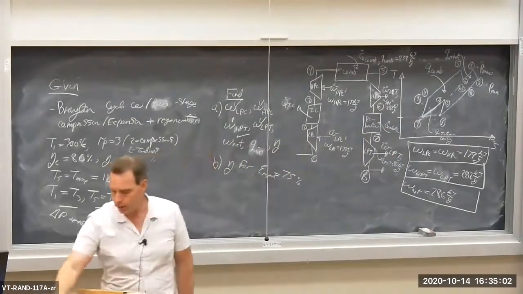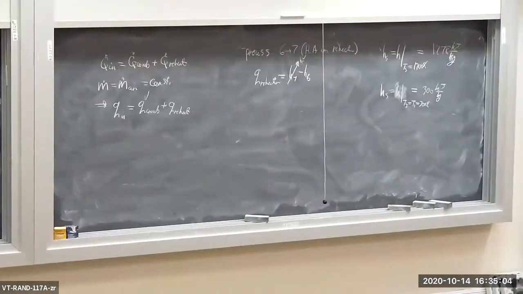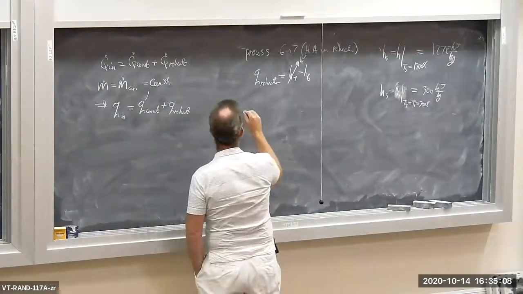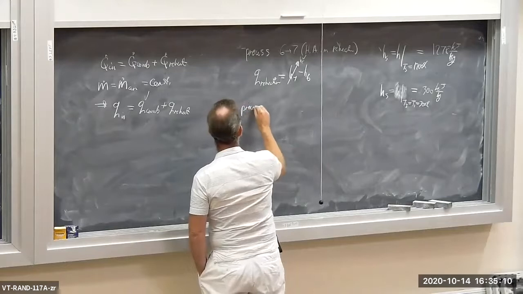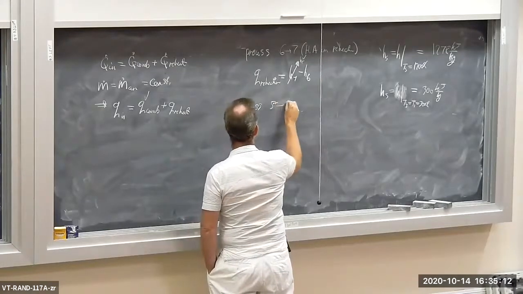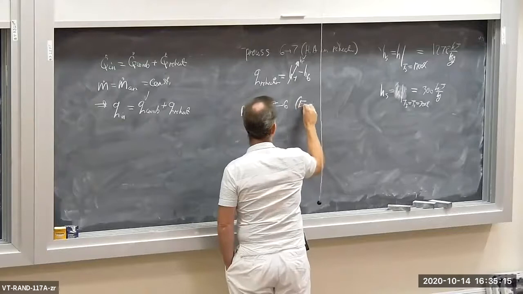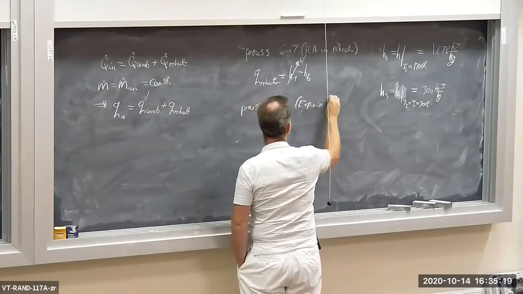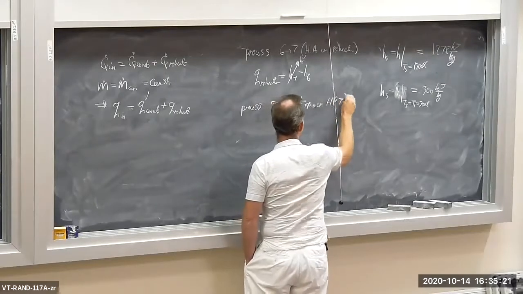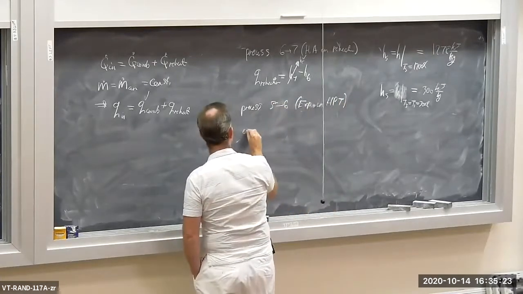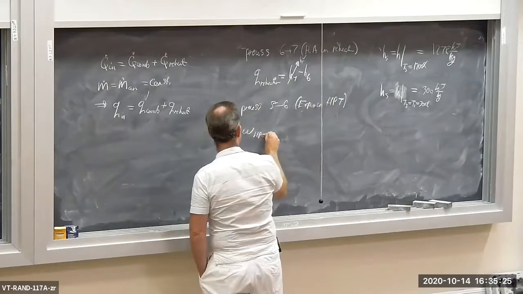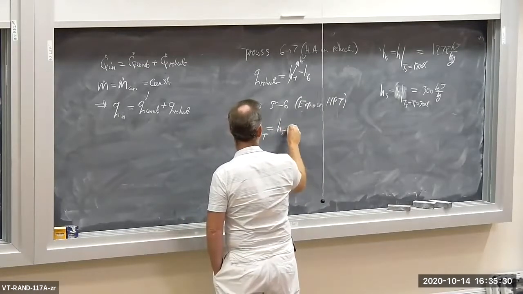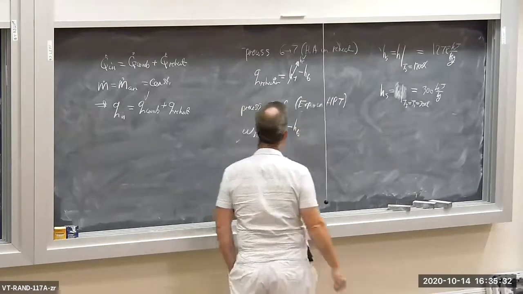If I apply the energy balance to the high pressure turbine, no change in kinetic energy, steady state, no heat interaction, for process 5 to 6, the expansion in the high pressure turbine, I get WHPT is equal to H5 minus H6.